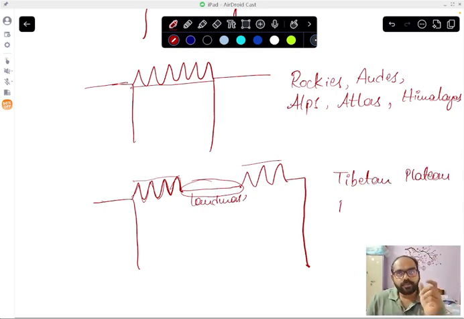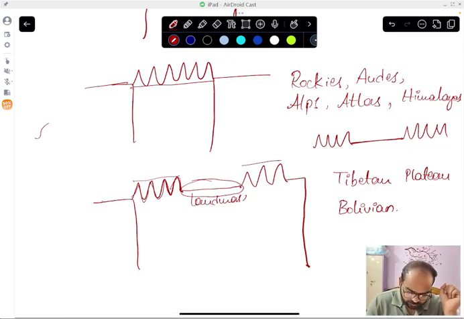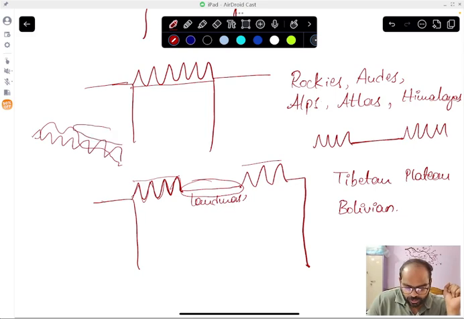How will the Tibetan Plateau be there? We can see a series of folded mountains called the Himalayas, and in between them there is a plateau called the Tibetan Plateau, and again another series of folded mountains called the Kunlun. Okay, if you take India like this, from here there will be the Himalayas, and here there is the Tibetan Plateau, and again here the Kunlun.